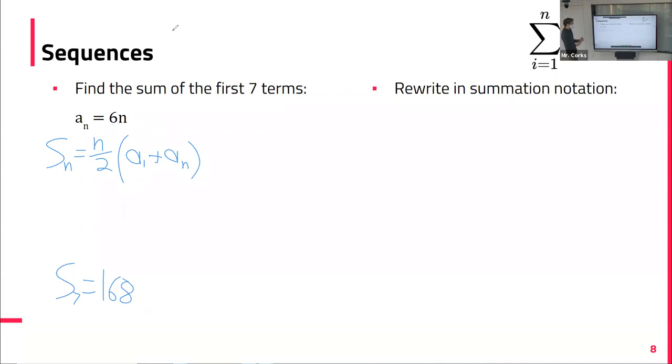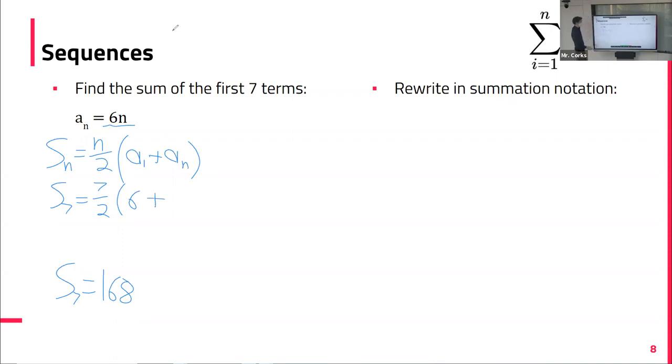Okay, so here we'll need n, which we have. We don't have a1 or a7 here, but we can figure those out pretty quickly. So S7 then is 7 over 2 times a1. Like we have our general term here, it's very quick to figure out what those are. So 6 times 1 for that, so just 6.